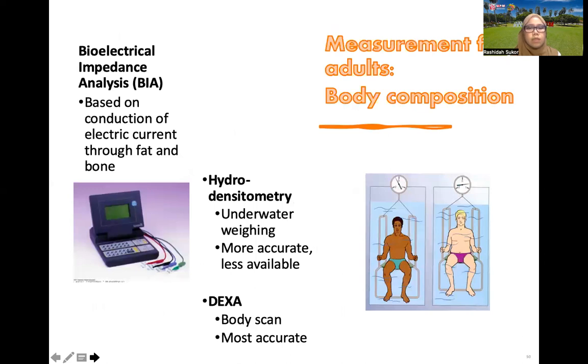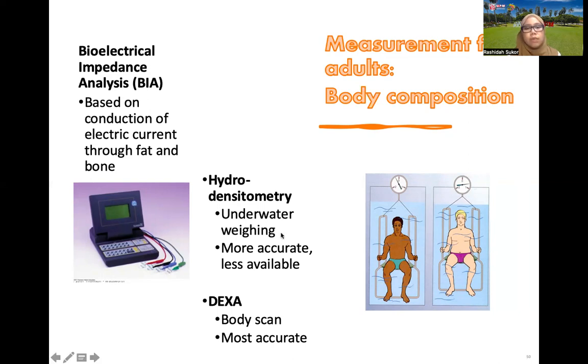This one is using an instrument. We call it bioelectric impedance analysis, or BIA. It is based on the conduction of electrical current through fat and bone. This one can also be used. Another one is hydrodensitometry.